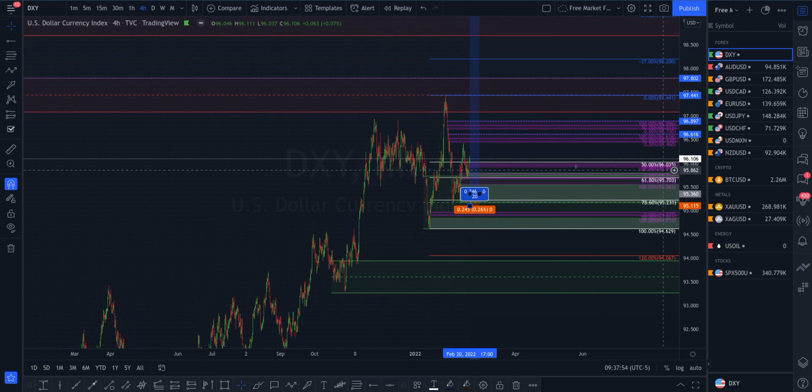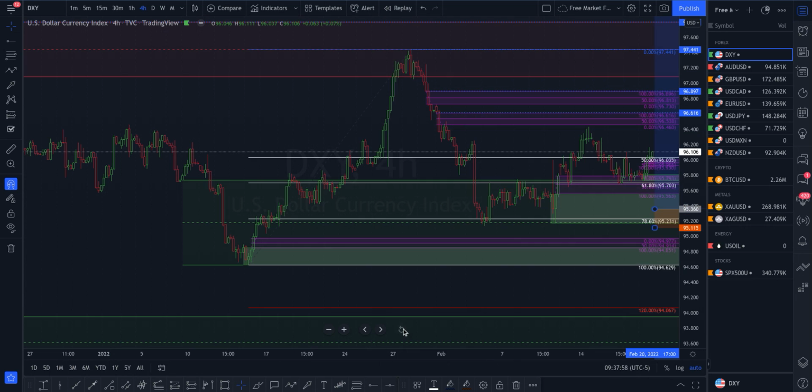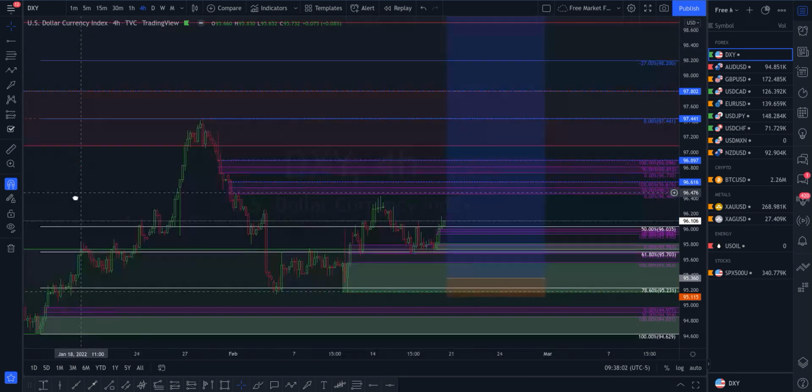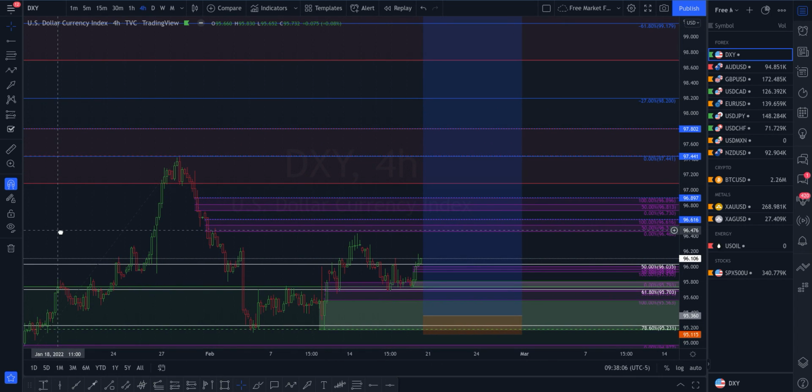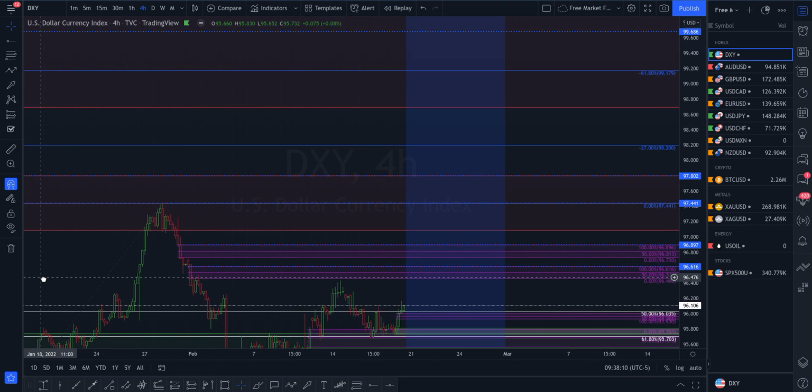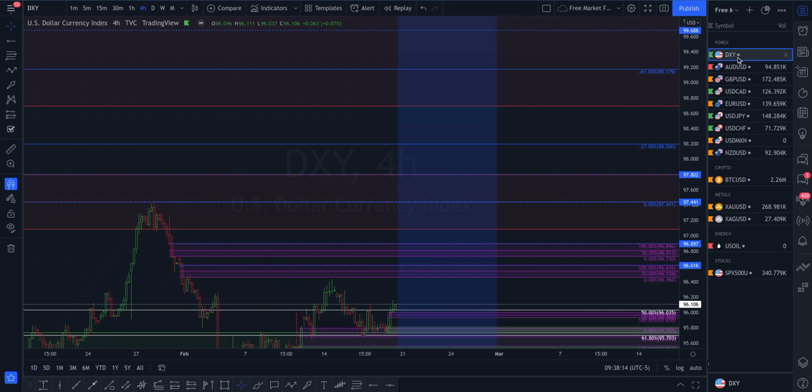All right. So now we have to take into consideration, guys, the institutional demand and supply zones that we're going to have to push through. So not to say that this market is going to just shoot up like this. However, currently we have a bullish bias on the dollar index.